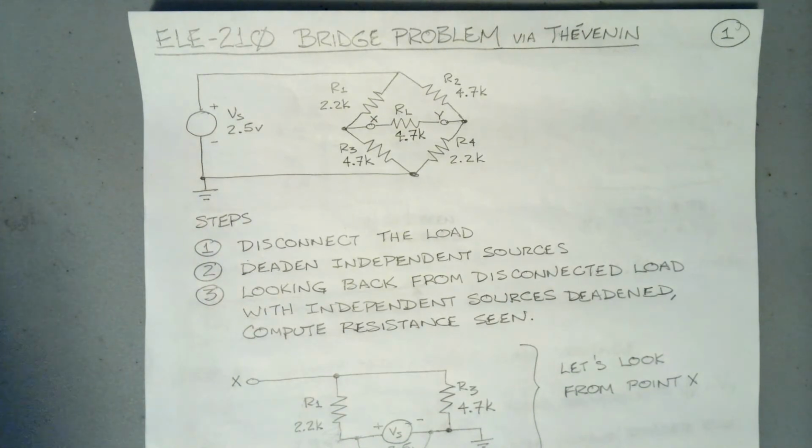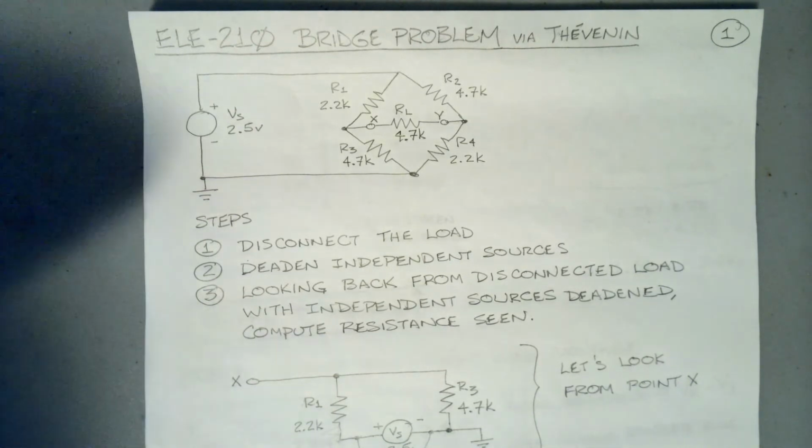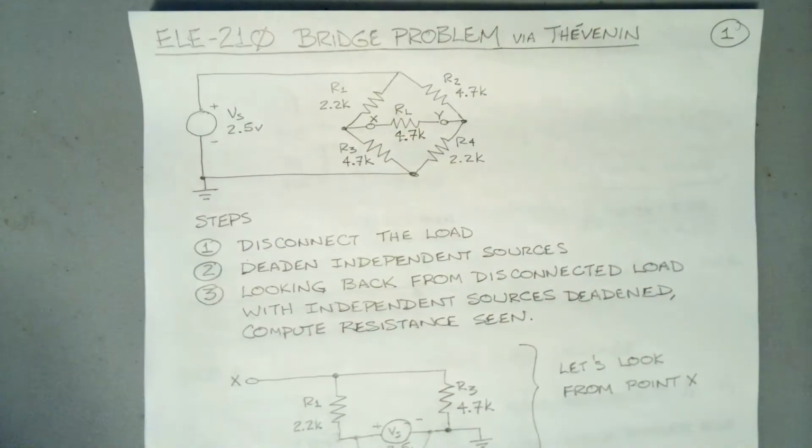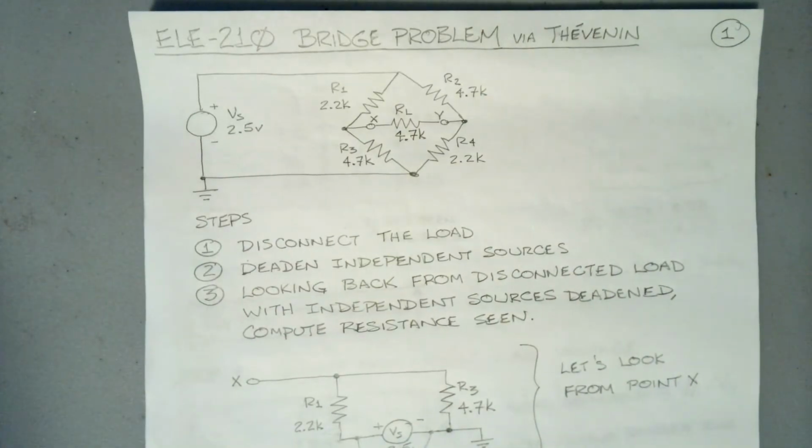ELE 210. I want to go back and solve one more circuit with Thevenin's theorem, very similar to a homework problem that you have. And this handout I've put in the week 3 reading session.